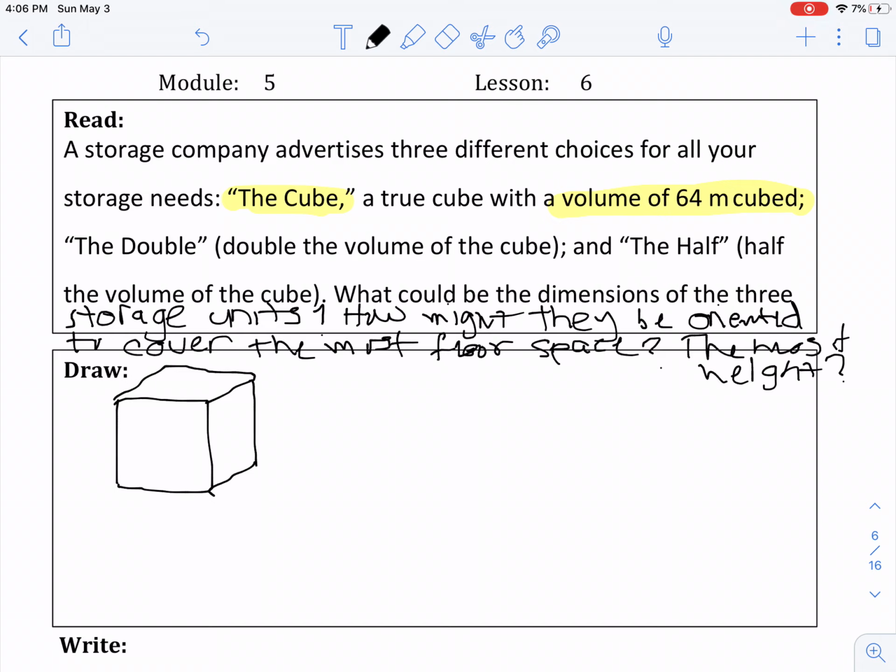What times what times what is 64? 4. 4 times 4 is 16. Times 4 is 64. And remember that this is meters. Okay? So this is the cube.